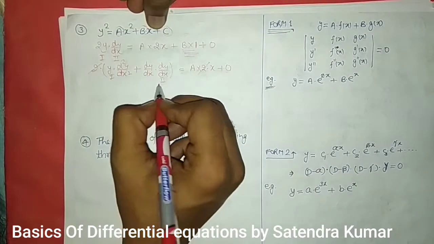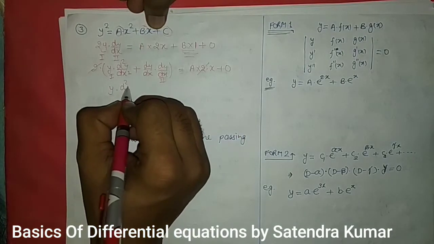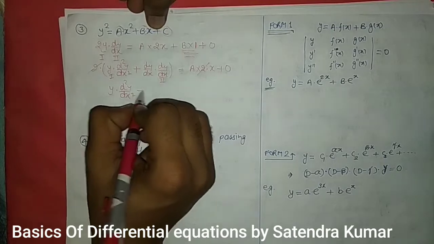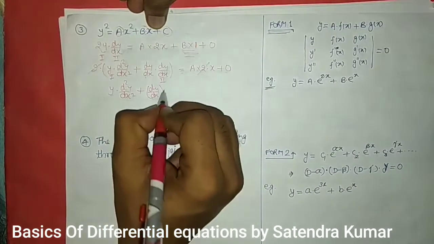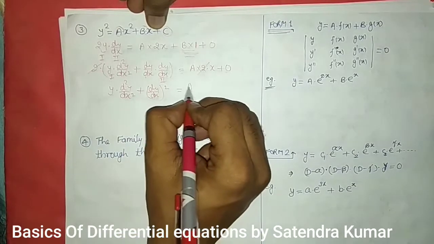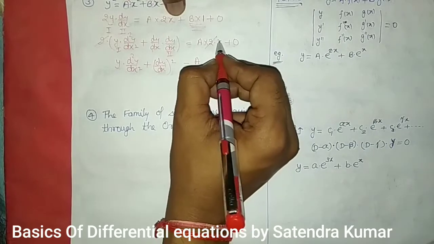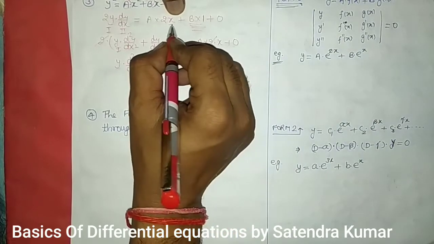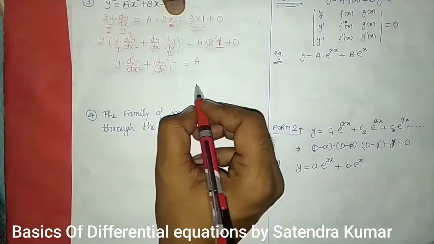This is the second term, so we get y into d2y upon dx2 plus, simply multiply these, so (dy by dx) whole square is equal to a. The differentiation of x will be 1, so this is replaced by 1.